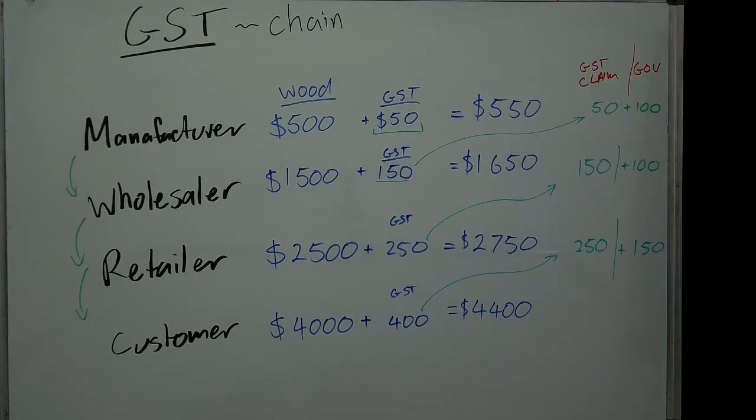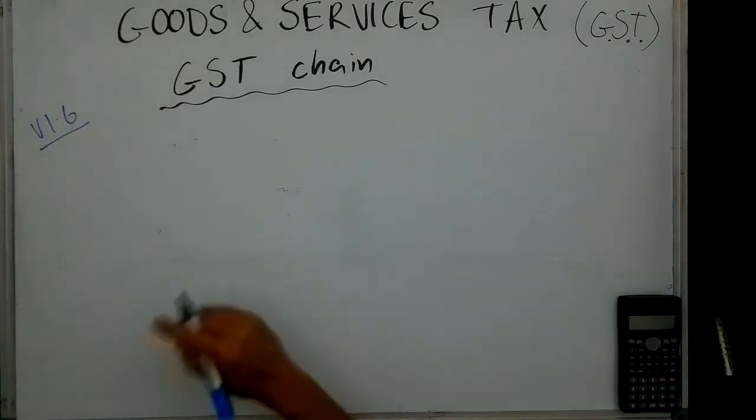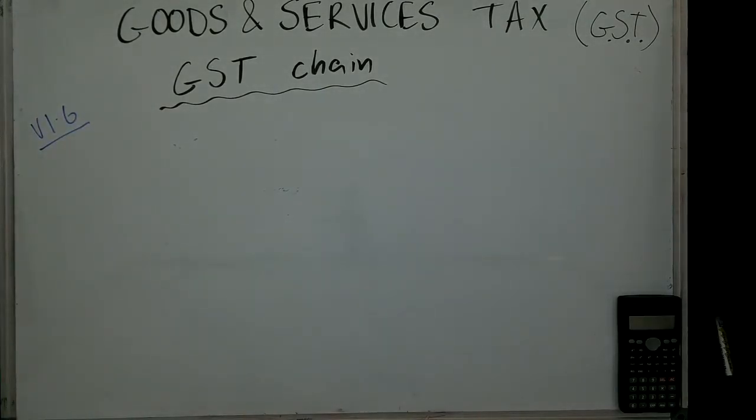Okay, now let's look at just a few examples, probably where there's just one step along the way. Okay, so this GST chain example. Well, there's a couple of examples. Find the GST amount involved in a purchase which cost the consumer $320.